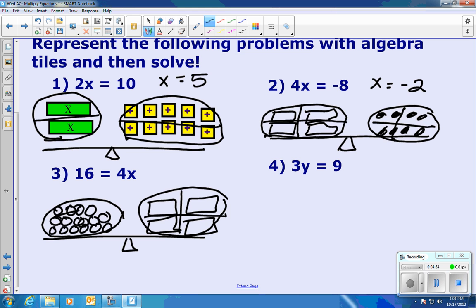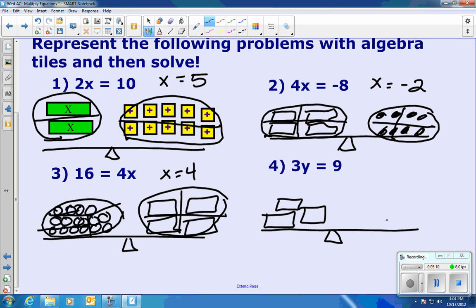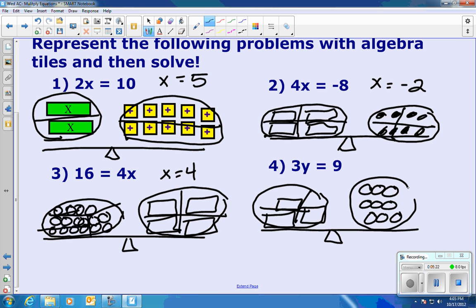So I need to take these 16 and split it into 4 groups, which means each x equals 4. My last one says I have 3y's equal to 9. So I need to split that into 3 groups. Therefore, 3 groups, which means each y equals 3.